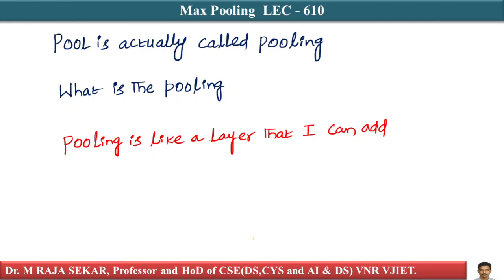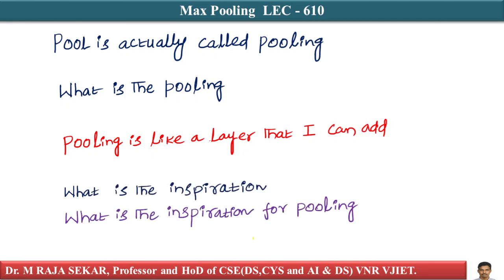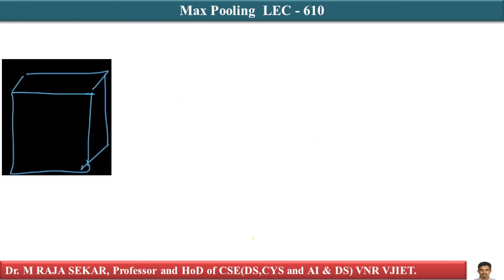Before we see how it works, let's understand what the inspiration for pooling is. The concept is, imagine I have my raw image here, and I apply a kernel on top of it.